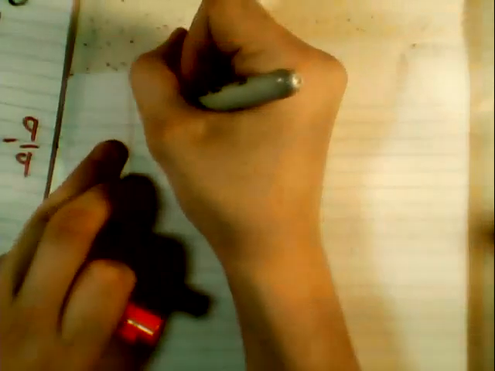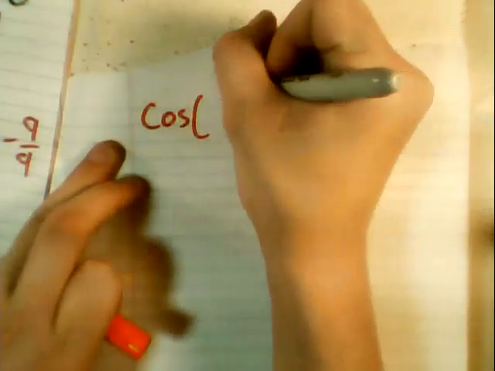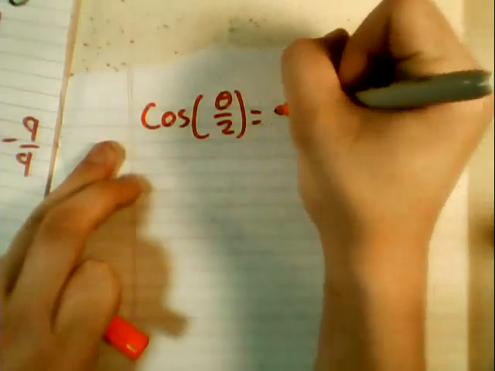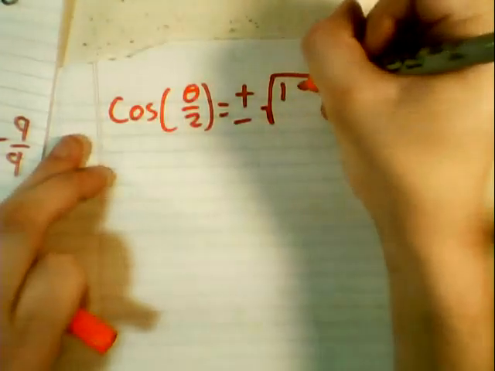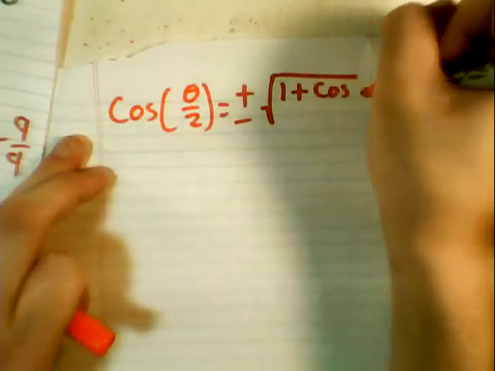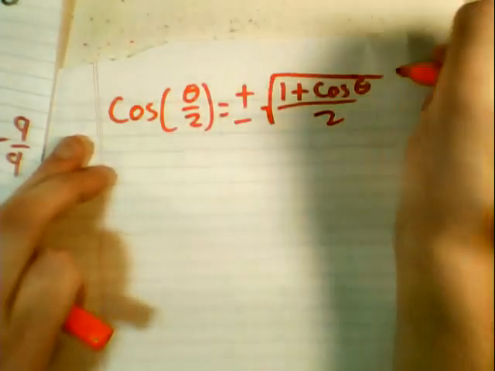Let's also do it for the cosine half angle formula. The cosine half angle formula is cos theta over 2 equals the plus minus square root of 1 plus cosine theta over 2.